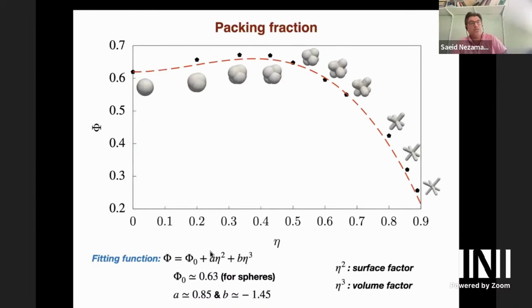Eta squared represents the interlocking effect, in the sense that the lobes cross each other and can have contacts closer to the center of the hexapods, for example, in these cases. And eta cubed represents a strict exclusion between particles. Hence the packing fraction increases with eta squared and decreases with eta cubed.